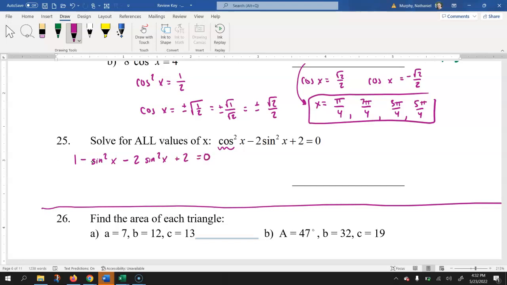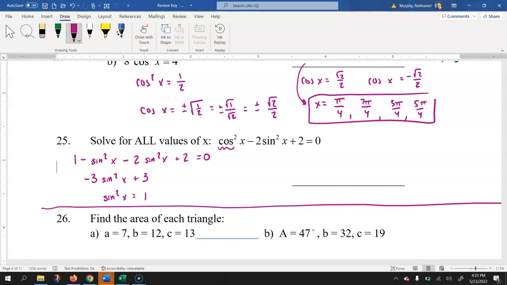So if I simplify this, that's going to be negative 3 sine squared of x. And then we have 1 plus 2 is 3. So if I solve this, I would subtract 3 from both sides and divide by negative 3. So if I subtract 3 and divide by negative 3, I'm going to end up with a positive 1.